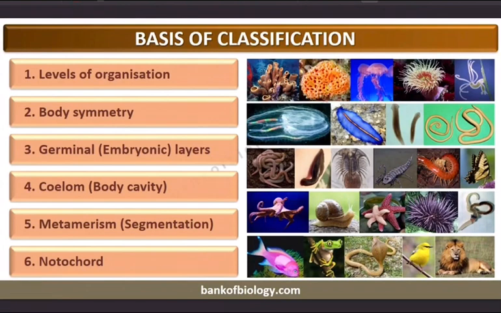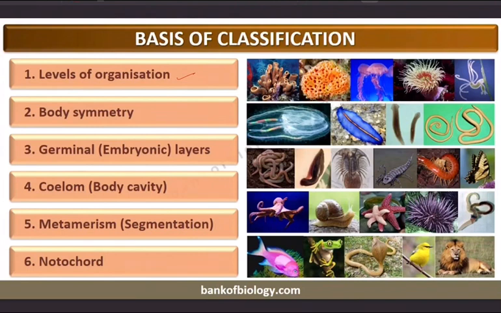So there are 11 major phyla under kingdom Animalia, and you are seeing photos of at least one animal for each phylum. So you can remember at least one animal for each phylum.